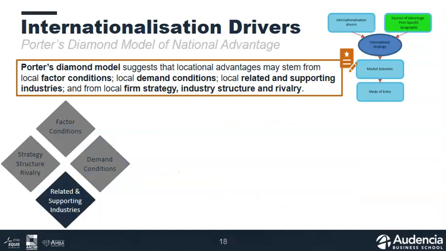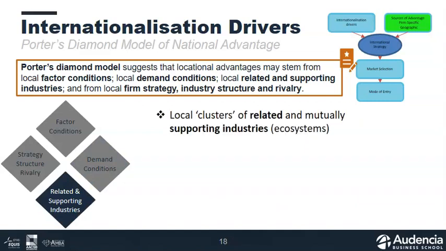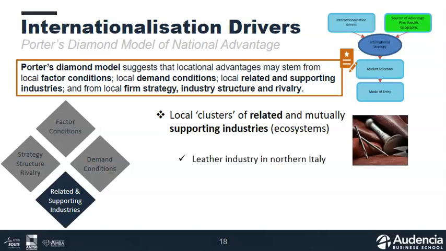Let's look at related and supporting industries. Sometimes in a country we'll have clusters of related and supporting industries. These are sometimes called ecosystems or, like I said, clusters. And their coexistence supports the performance of a particular industry. A good example of this is the leather industry in northern Italy.